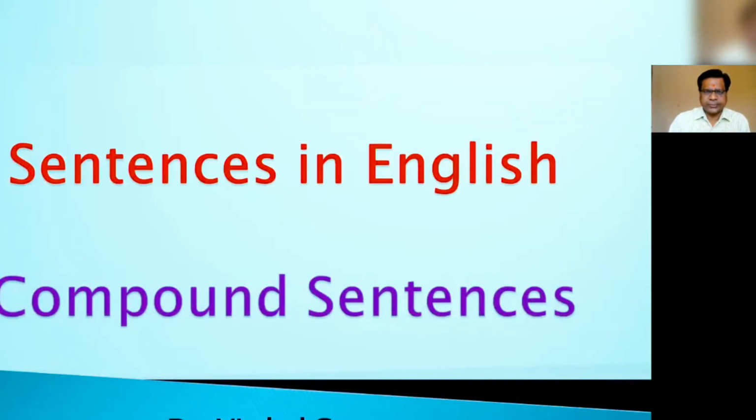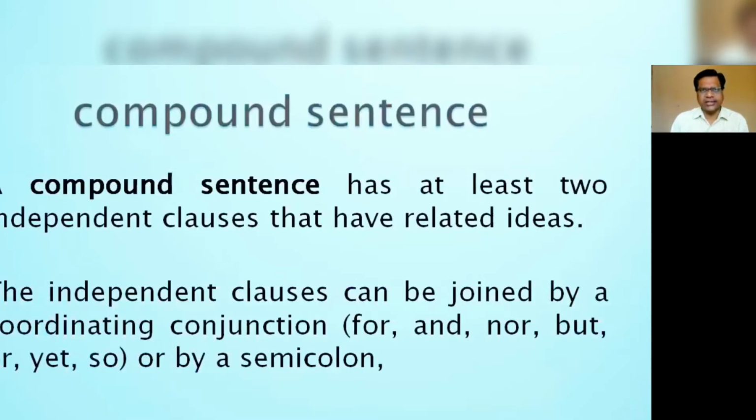So friends, let us try to understand what you mean by a compound sentence in English. Already I told you, a sentence is nothing but a group of words arranged in a specific order acceptable to the grammar of a respective language.